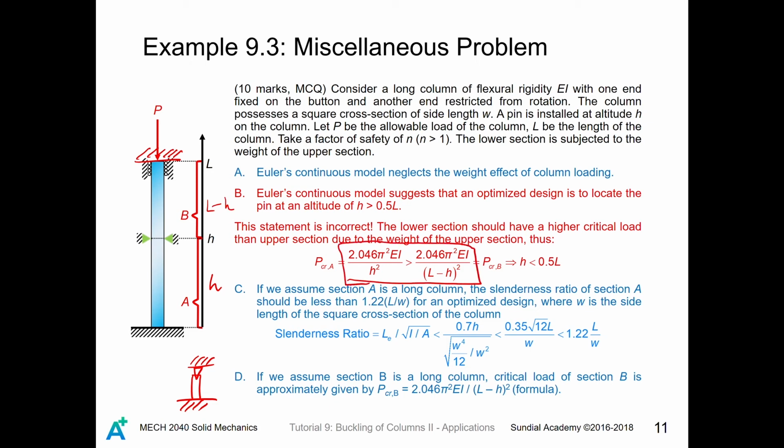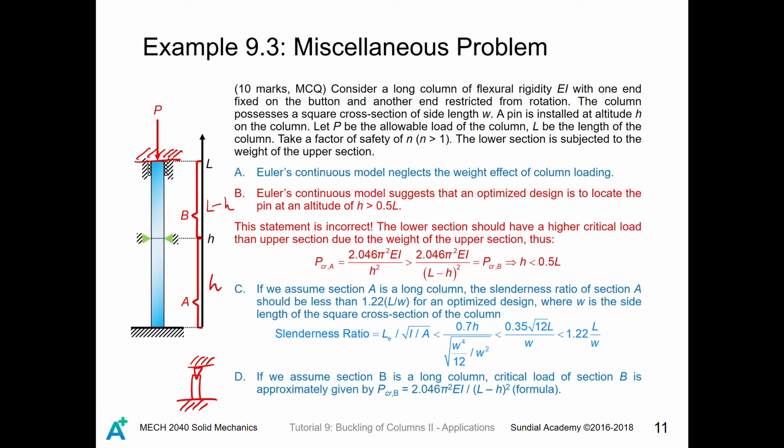This is because the lower section A is subject to the weight of upper section B. And then, since this one must be greater than this one, H squared must be less than (L minus H) squared. It means H must be less than 0.5 L instead of larger than 0.5 L. So statement B is incorrect.